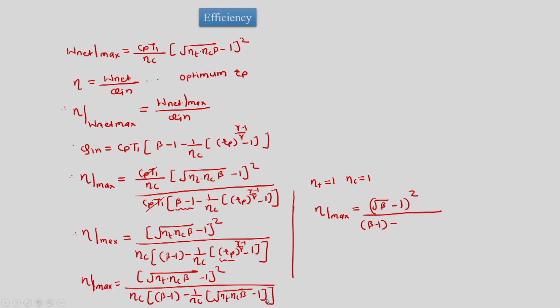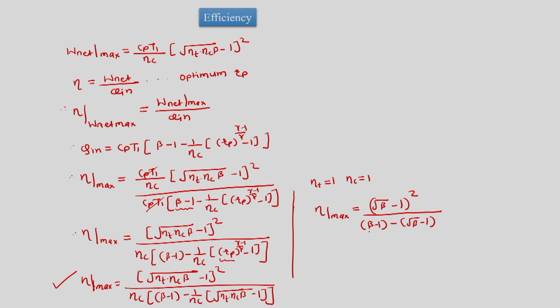So this formula we will consider and we will put eta T equal to 1 and eta C equal to 1. So we have beta minus 1 minus square root of beta minus 1.